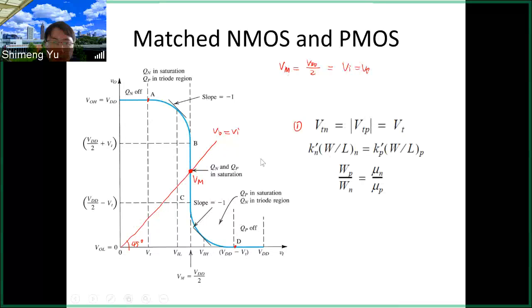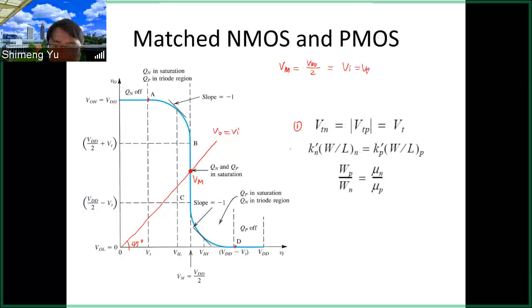And secondly, the current should be the same in this Vm point. So both NMOS and PMOS are in the saturation. And that means the coefficient in front of the voltage terms in the current equation should be the same.